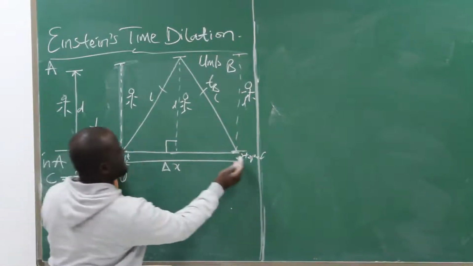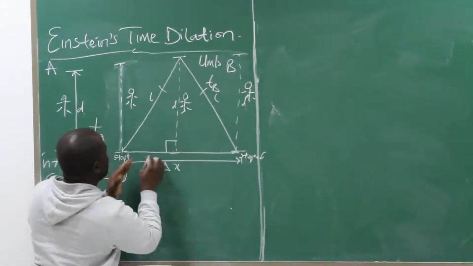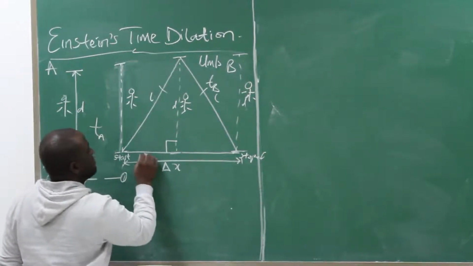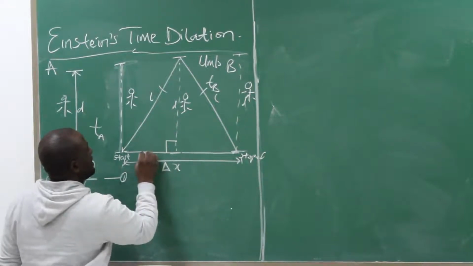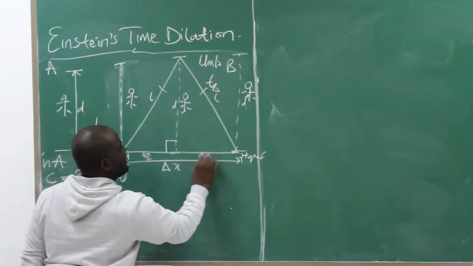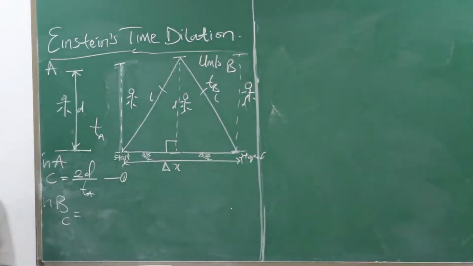So if this whole distance is delta x and this one cuts this distance into 2, it means here will be x1 and x2. Let's call it, since it cuts it into 2, delta x over 2, delta x over 2. It's half. So when you join the whole half together, you get the full length.